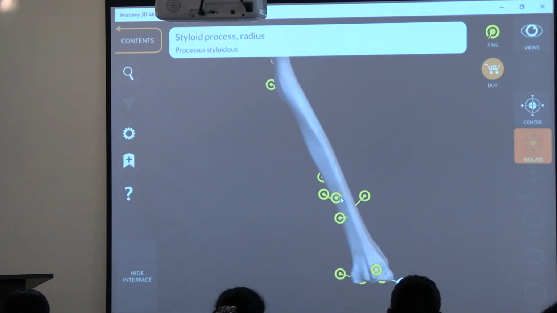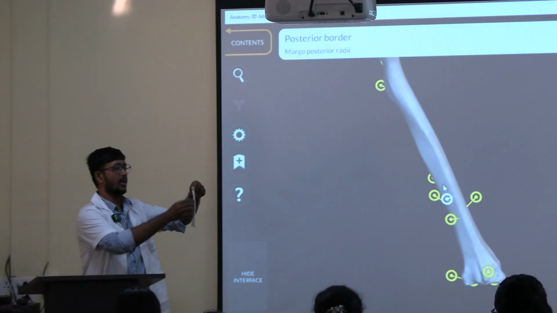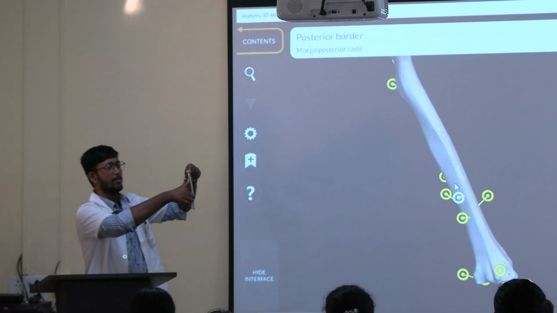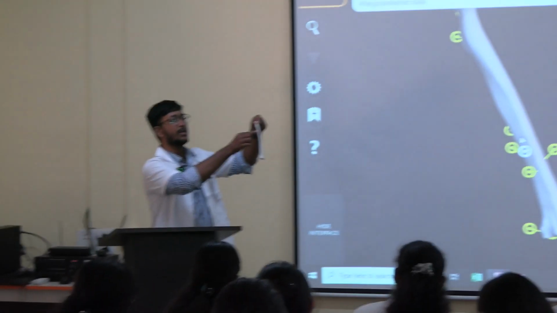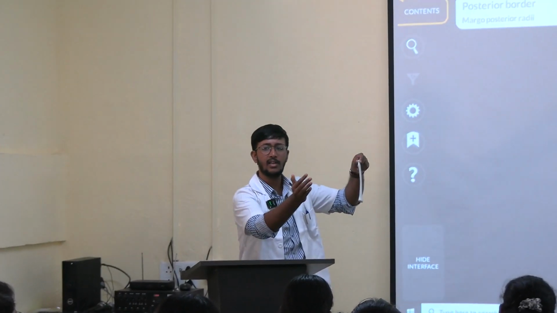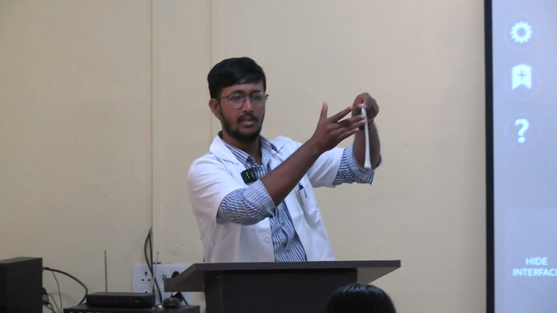Posteriorly, we have another border. This is the posterior border. Now you are understanding? So anterior border, medial interosseous border, in between this surface is facing anteriorly. So this is the anterior surface.